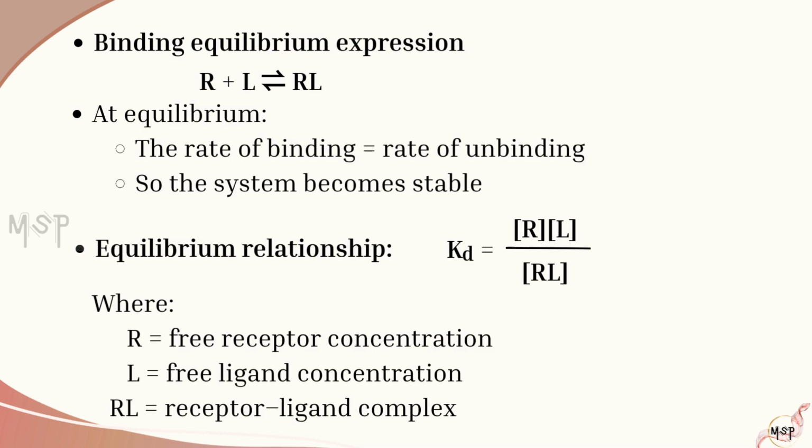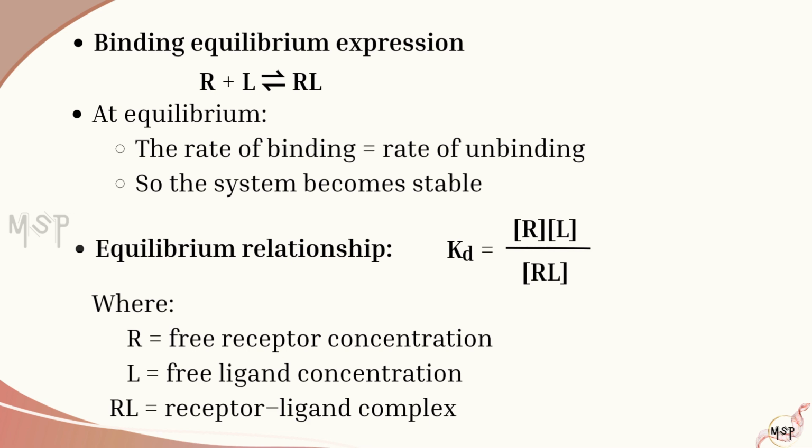Think of receptor binding as a reversible reaction. Receptor, R, plus ligand, L, forms a receptor-ligand complex, RL. Now, at equilibrium, the rate at which the drug binds equals the rate at which it dissociates. So the system becomes balanced. In chemistry, for any equilibrium system, we define a constant using a simple rule: products divided by reactants.